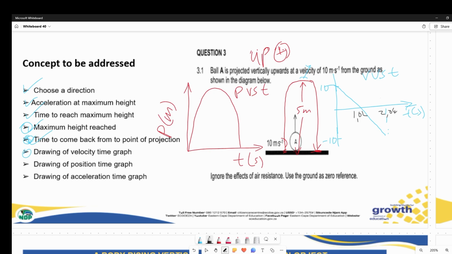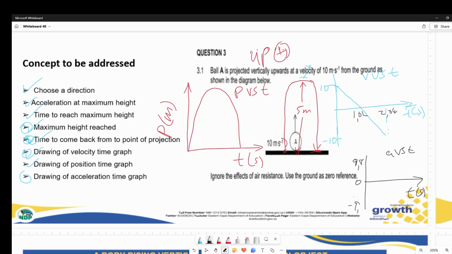Then we'll go to the last one, the acceleration versus time graph. Let me use this one here. This is 0. This is a versus t, the acceleration versus time graph. We took upward as positive, so here is negative 9,8.